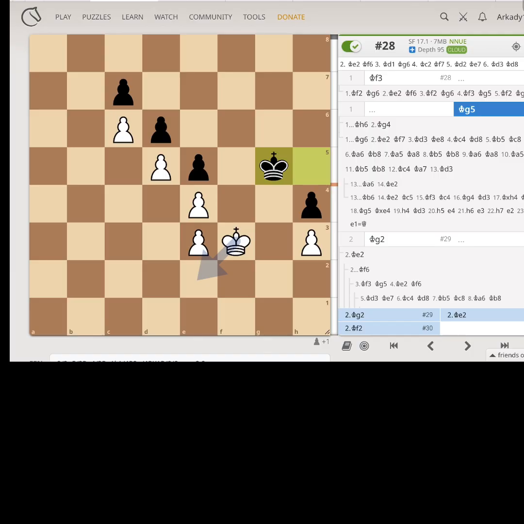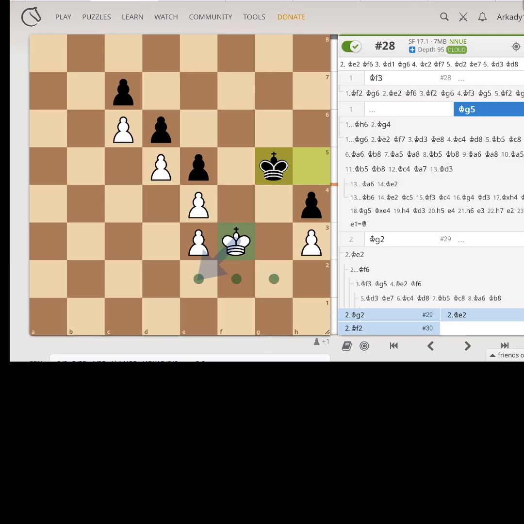If you look at the position more carefully, you will see that white can get to the pawn on c7 if white gets around all these pawns on the left side and gets to the pawn on c7, and black needs to protect that pawn too.